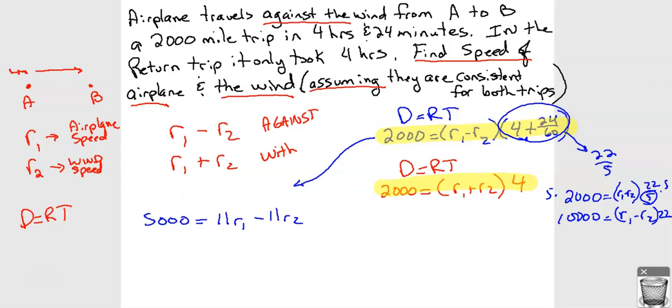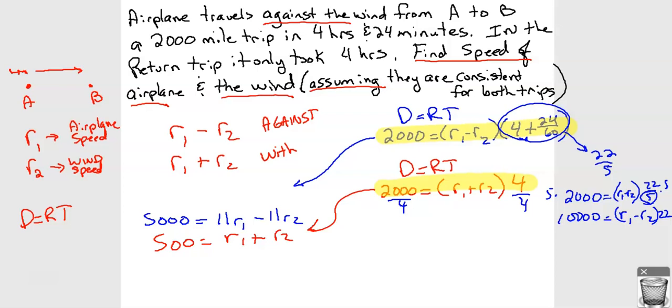And then the red, I'm going to divide by 4. That's 500 equals R1 plus R2. So notice I took the blue one and I simplified it, and I took the red one and simplified it. And then all I have to do is solve that system of equations.